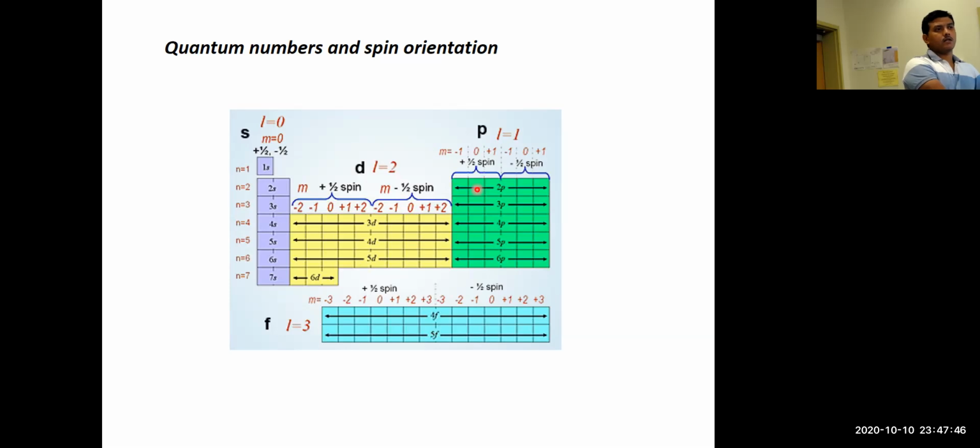Carbon has 1s and 2s already filled, and in 2p it has 2 electrons, and they have a spin of +1/2 and +1/2. All the first electrons are going to have +1/2, and the rest are going to have -1/2. When we discuss the next topic, electronic configuration, you will know why the first are +1/2 and the next are going to be negative halves.